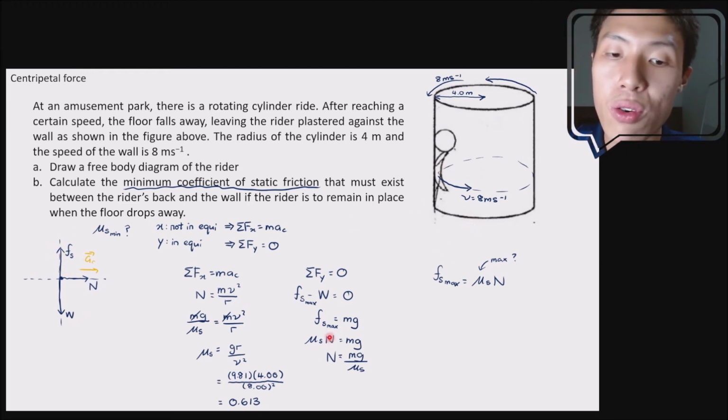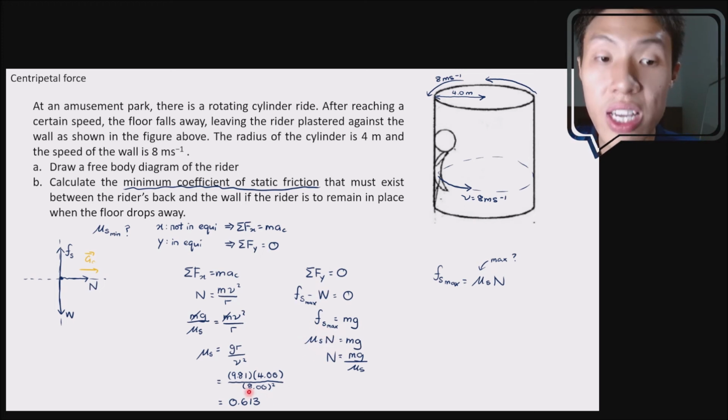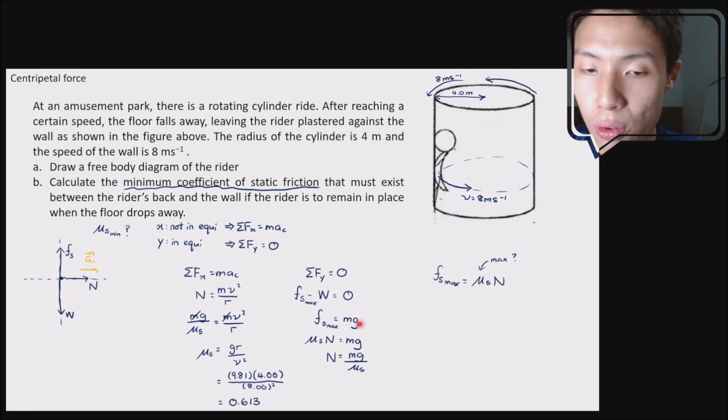Okay, if you go beyond 0.613, it's still okay. Why is it still okay? Then that means that this value greater than 0.613 multiplied by the normal, which is a fixed value, will be greater than the mg over here, right?